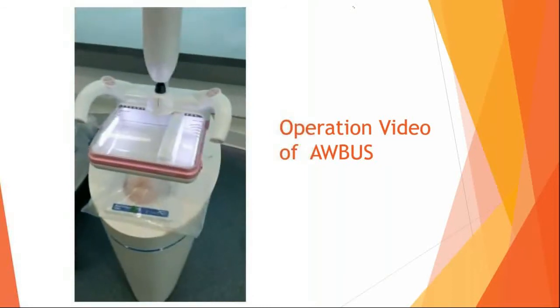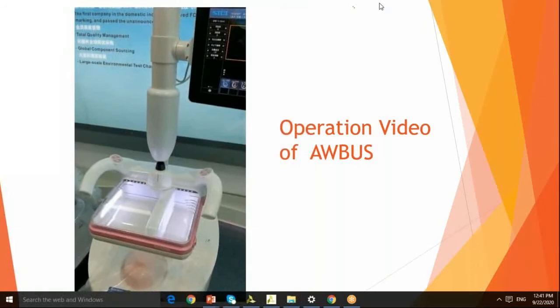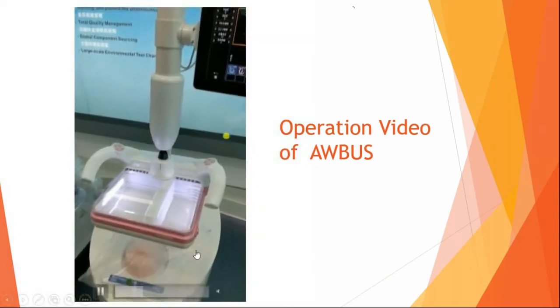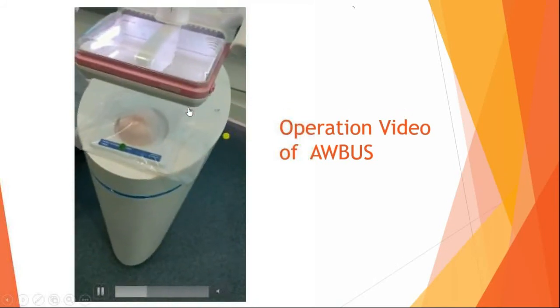So now you can see here the transducer moving. Can you see it? Let me show it with the highlighter here. Okay, sorry, it stopped. Let me go back. Now we can see the transducer actually moving across the breast.